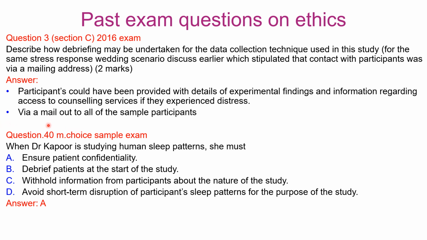They didn't have access to that. So we just had to utilize the actual data we had, which was their postal address. So we accessed them via a mail out, and then you needed to explain what the debriefing process was, explaining the findings and offering counselling services if they did experience any distress.